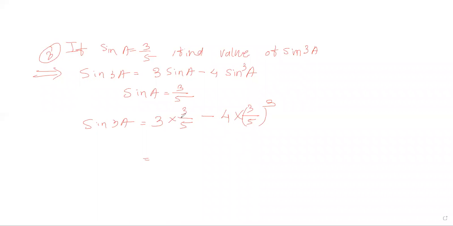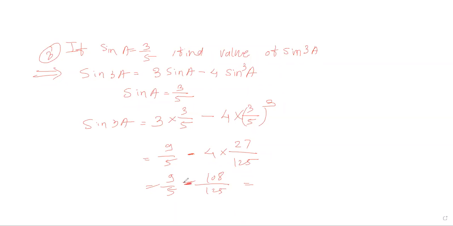Yes. Now 9 by 5 minus 4 times, 3's cube is 27, 5's cube is 125. Then 9 by 5 minus 4 multiplied by 27, which is 108, upon 125.